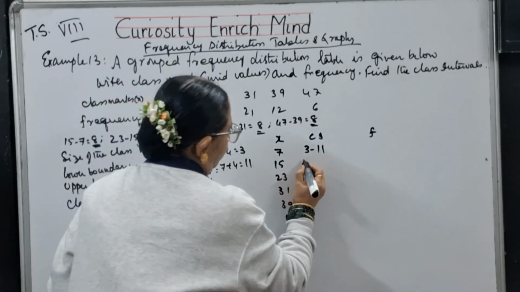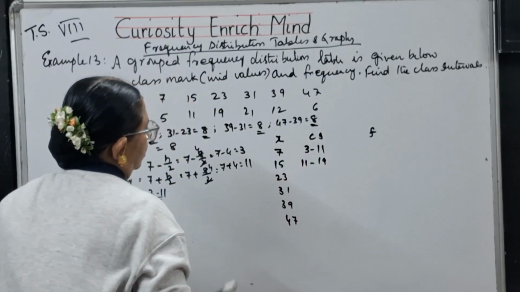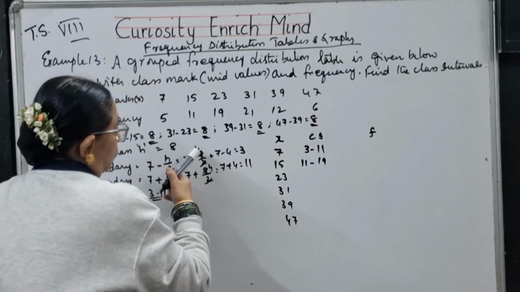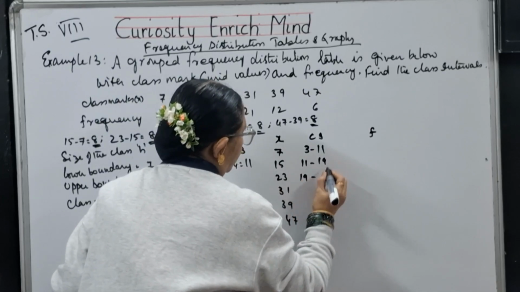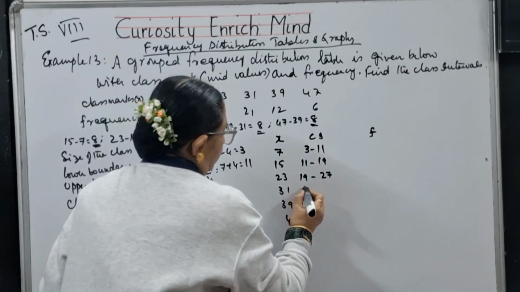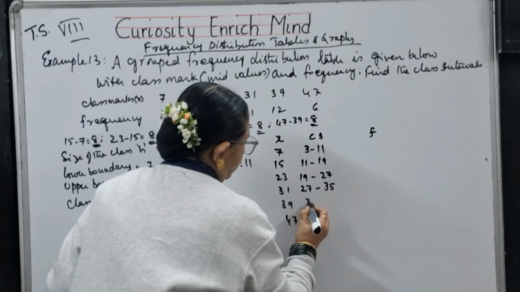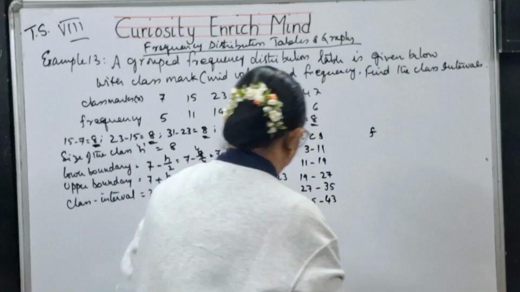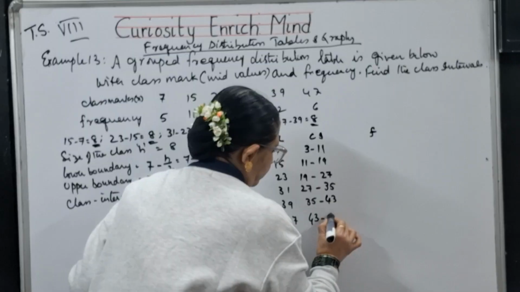Next, 11 will be repeating. 11 to 19, since 15 plus 4 is 19. Then 19 to 27, 27 to 35, 35 to 43, and 43 to 51, since 47 plus 4 is 51.